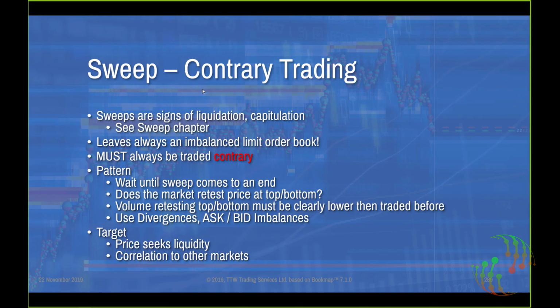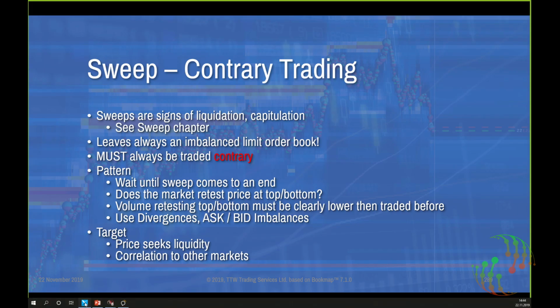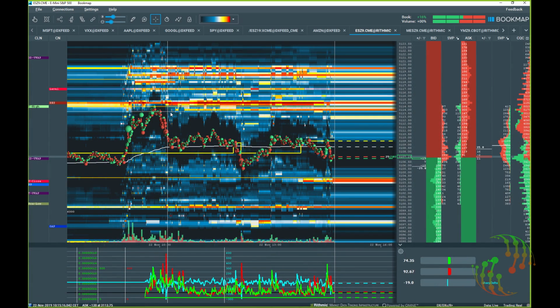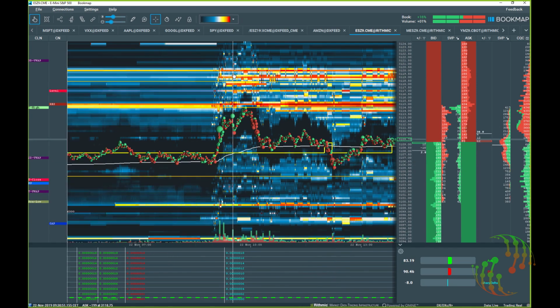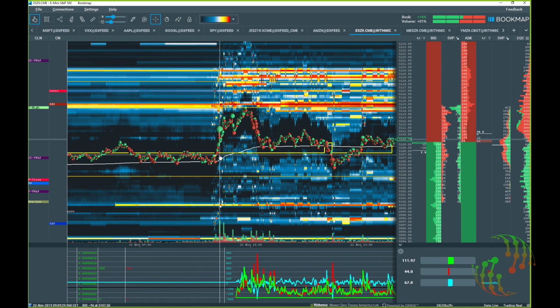I will show you on, we can't replay, we can't go back, but let's talk theoretically about what happened today in the ES. Let me go back to this event here. It was the pre-open here in Europe, in UK, Europe, 8 and 9 o'clock AM.